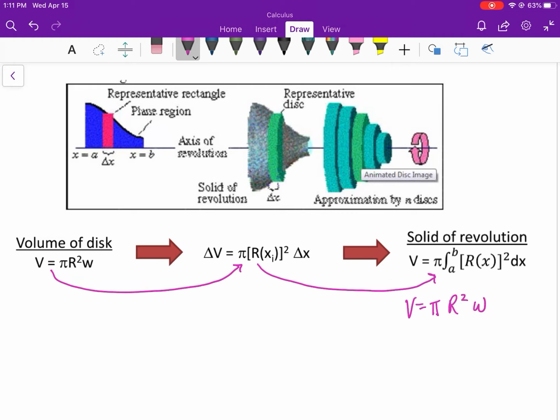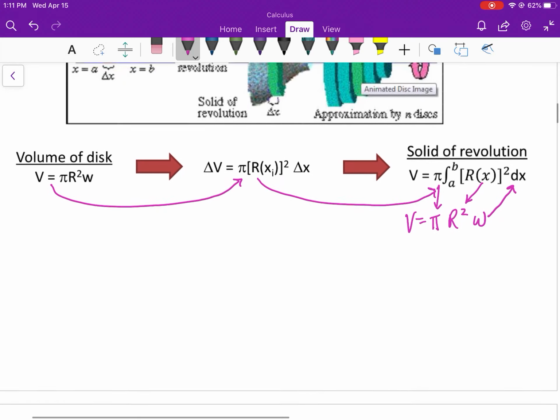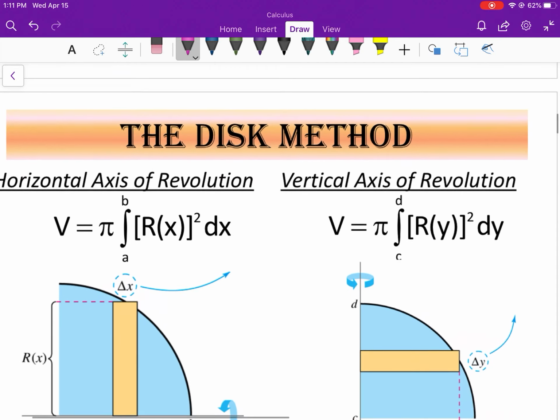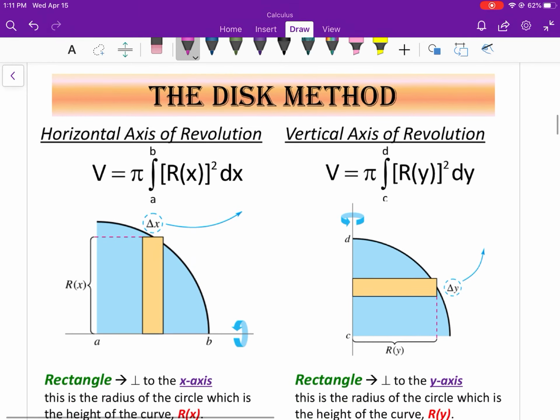Here's your pi, here is your radius squared, and dx is the same as delta x. That's the width of your rectangles. These rectangles are all going to have the same width, so it's constant. Okay, so we're going to try that here pretty soon.